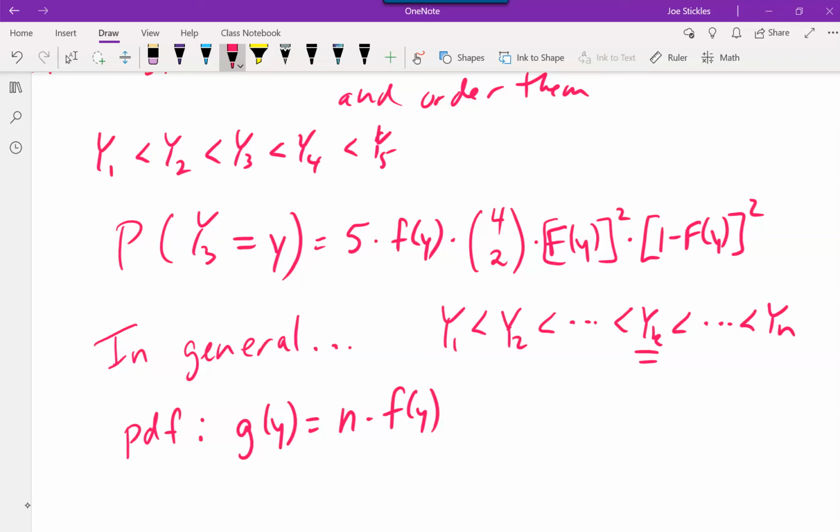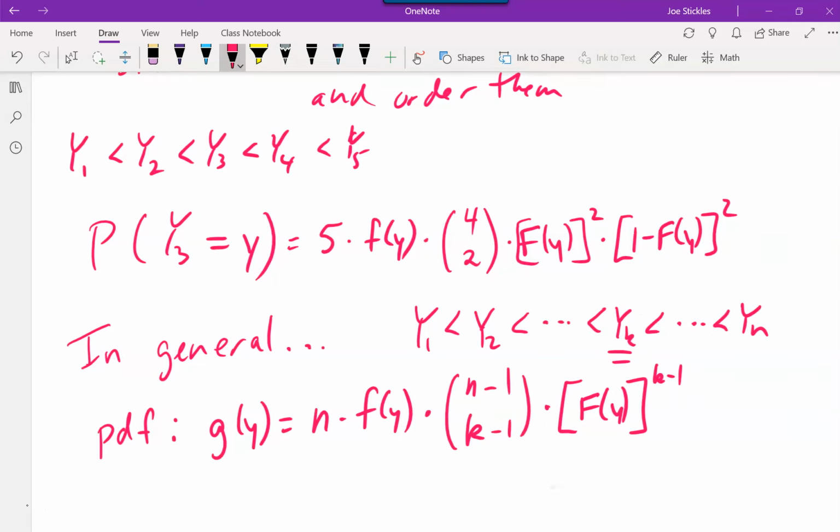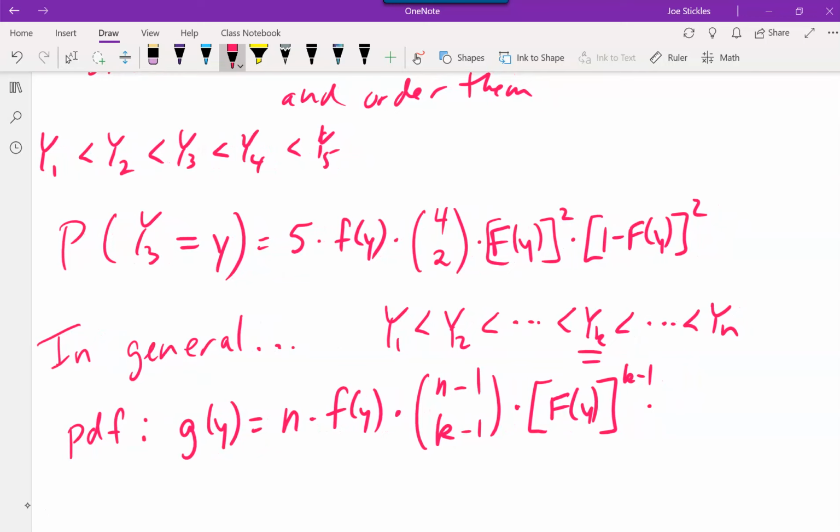Out of the remaining n minus 1, we're going to choose k minus 1 of them to be less than or equal to y. And then the remaining have to be greater than y.